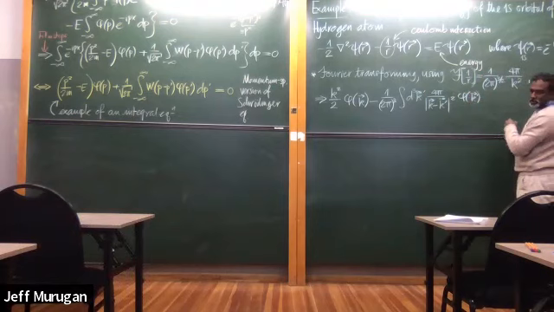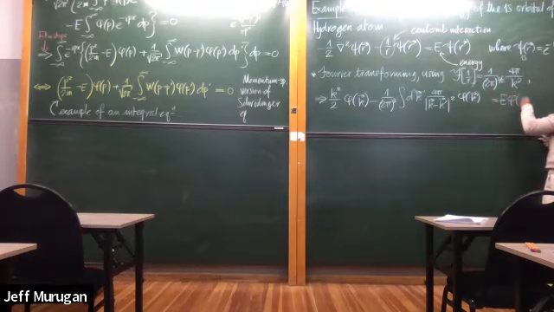So I've integrated this over k prime. All of this must equal E phi of k.